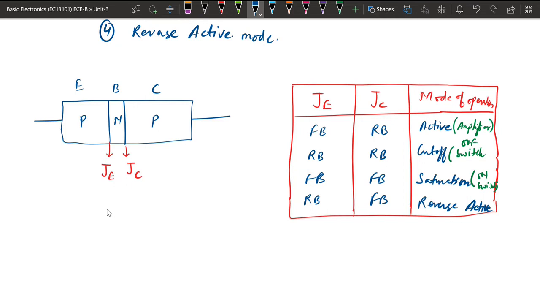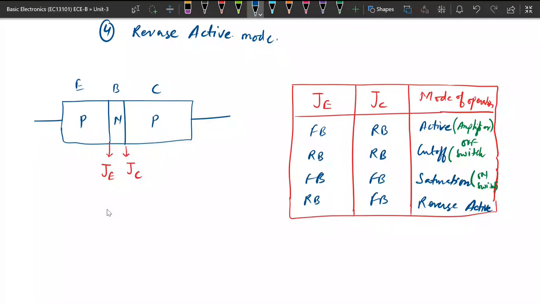The junction between the N and P regions is the collector junction, JC. Based on the biasing of these two junctions, we identify in which particular mode the BJT is working.